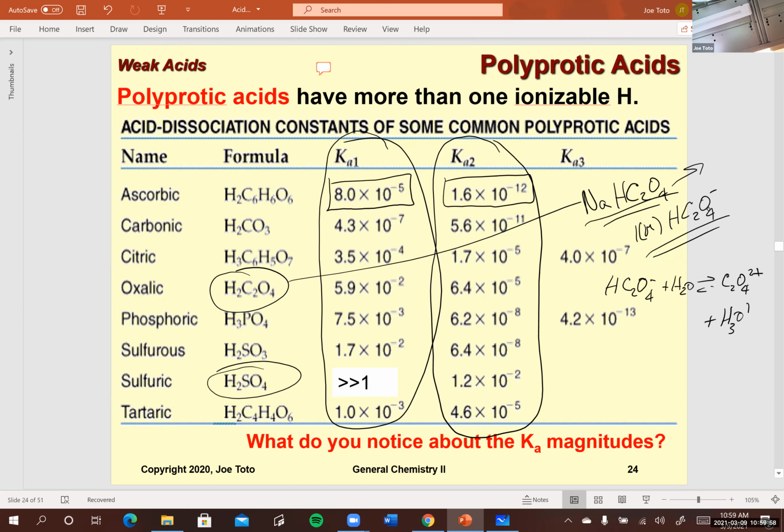And this has a K equaling 6.4 times 10 to the minus fifth.